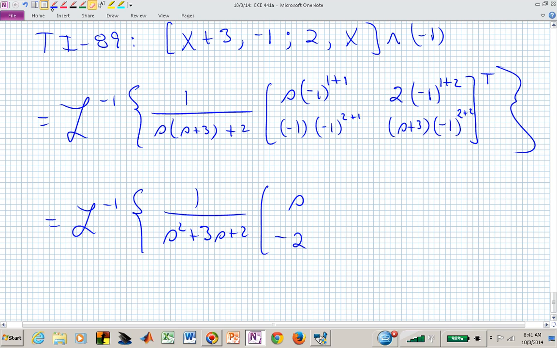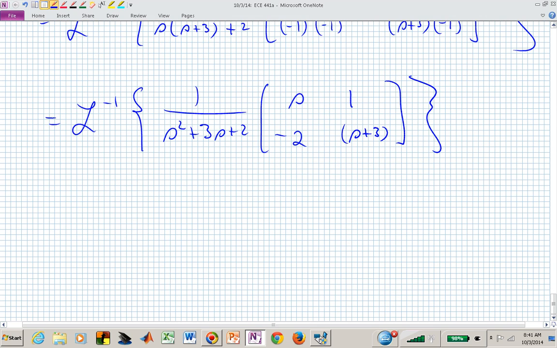My 1, 2 entry there in the row that was completed is minus 1 times a minus 1, or a 1. Transposed goes up to the 1, 2 entry. And the 2, 2 entry transpose stays put, but it's now s plus 3. Are we okay with that?